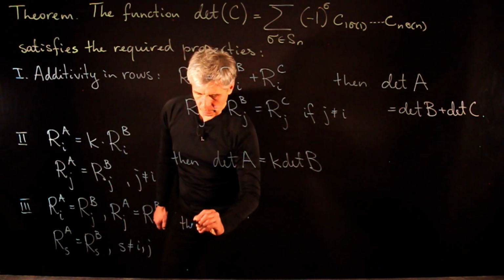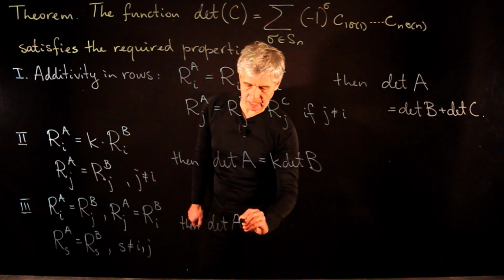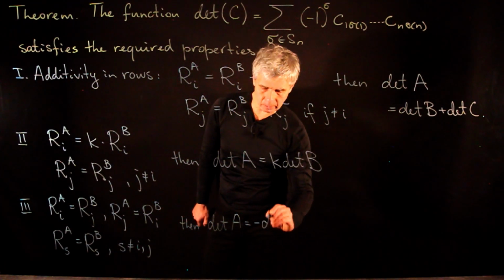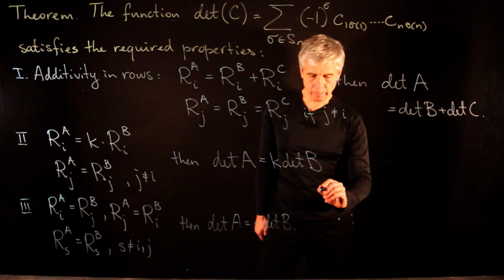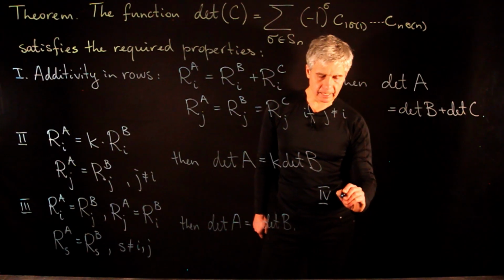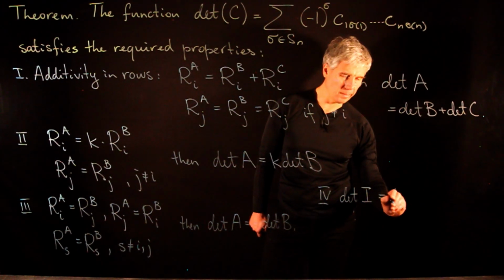Then the determinant switches sign. So determinant of A is equal to minus determinant of B. And finally, property 4 says that the determinant of the identity matrix must be equal to 1.